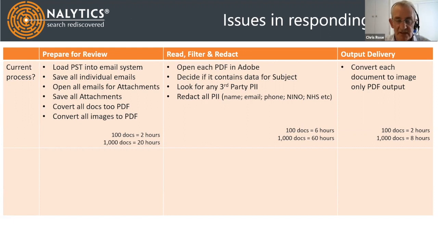In addition to that, you have to look for any third-party personally identifiable information, so anything from postcode to name, email address, etc., all of which could be scattered, particularly in things like spreadsheets over numerous worksheets in one Excel book. And then finally, when you've got what you think is the final set, you'll have to output that as an immutable image-only PDF.